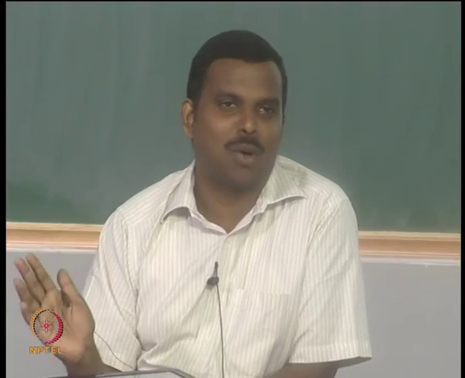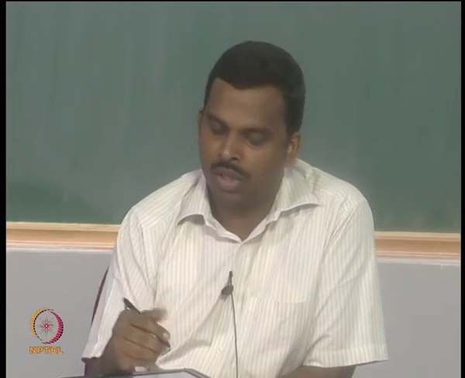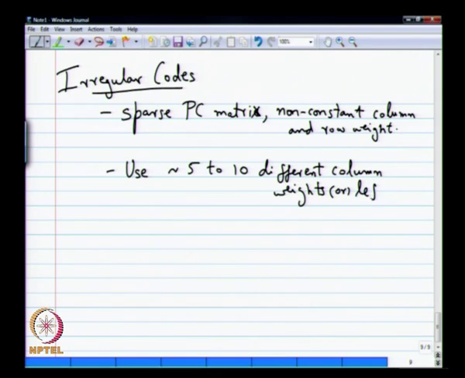You can think of other options also, I am not saying other options are bad, but usually in practice people use roughly let us say even 5 to maximum 10 different column weights. Remember, these column weights are also what? Also left degrees, right, in your Tanner graph.